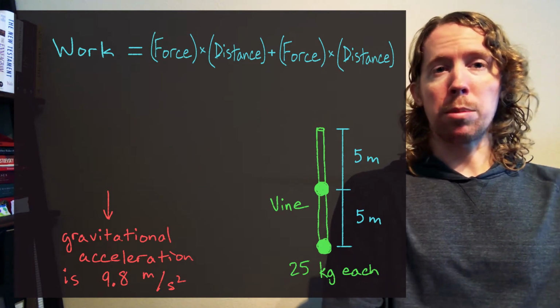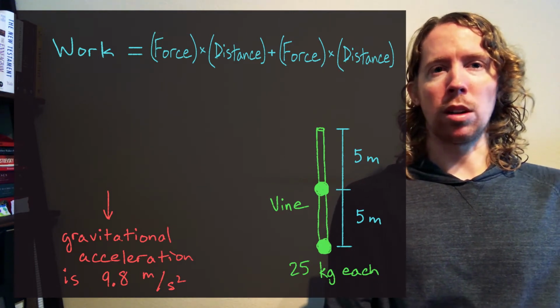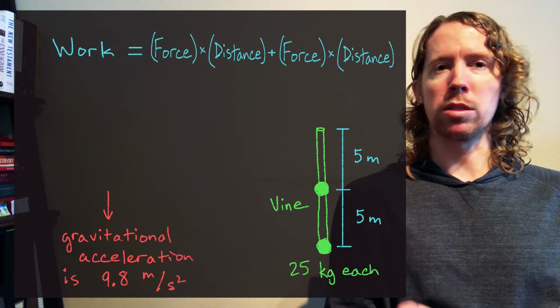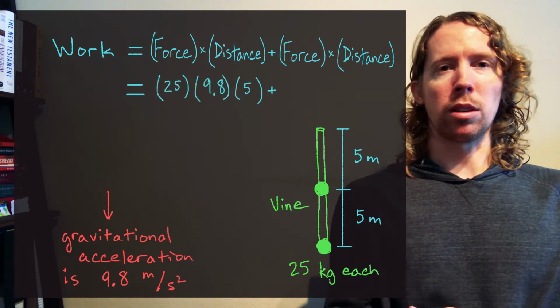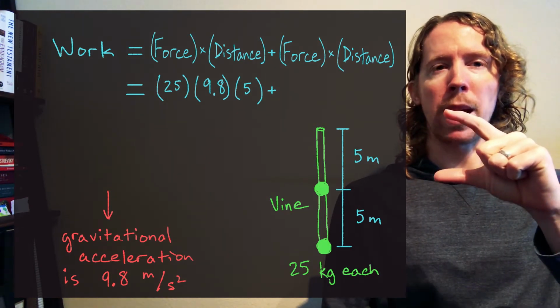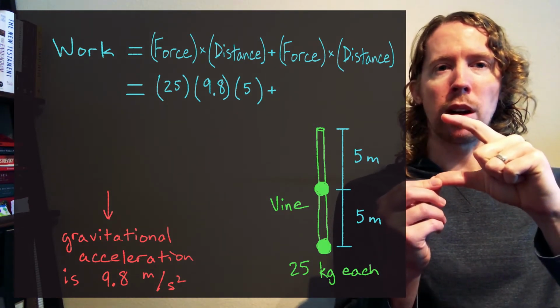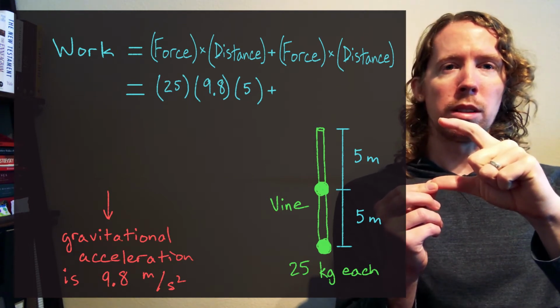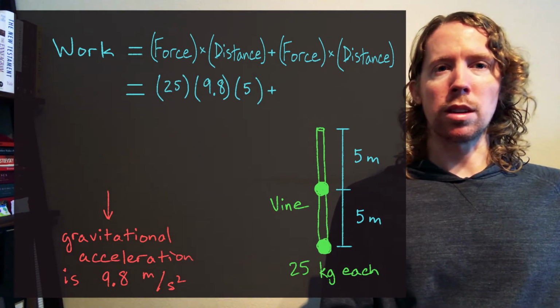So for the top piece, when we look at mass times acceleration, the mass is half of the entire mass, so 25, and then acceleration is 9.8. And then the distance for that top half, if we're letting the mass be sort of at the bottom of that top half, then the distance is only going to be 5 meters this time.